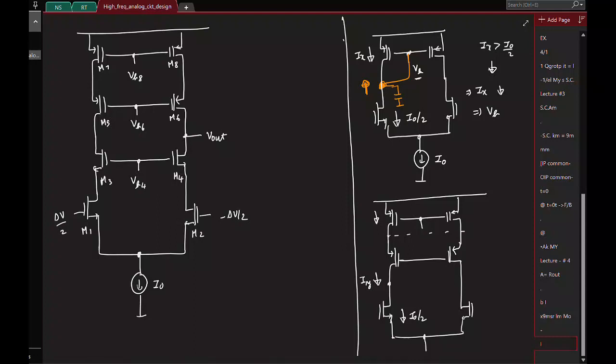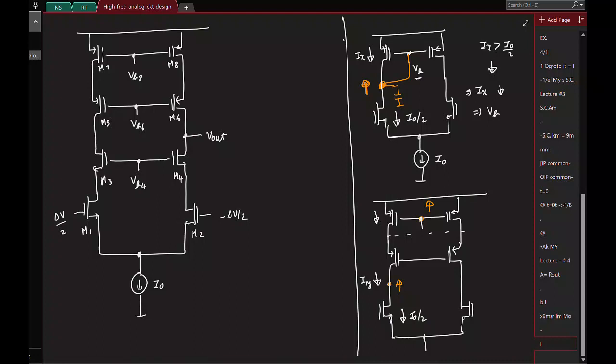So the same set of arguments holds good. So how can I generate this voltage now? I'll connect it to this node, right? Same thing. If Iy is greater than I0 by 2, this voltage will increase. And if Iy is greater than I0 by 2, I have to reduce Iy, which means I'll have to increase this gate voltage.